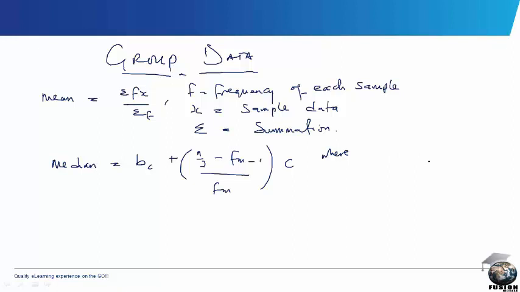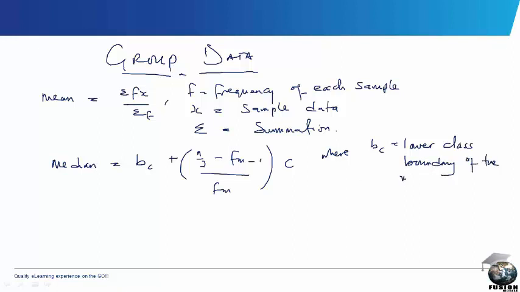Here we have that BC is the lower class boundary of the median class.